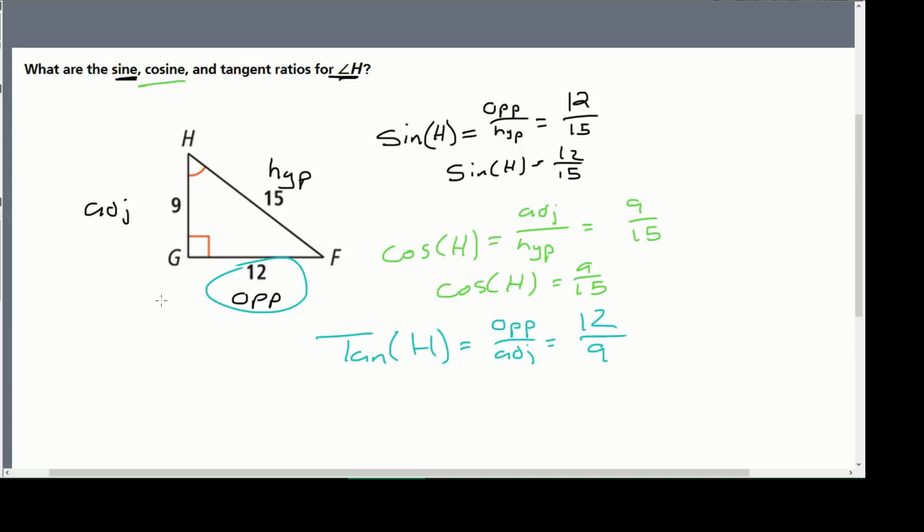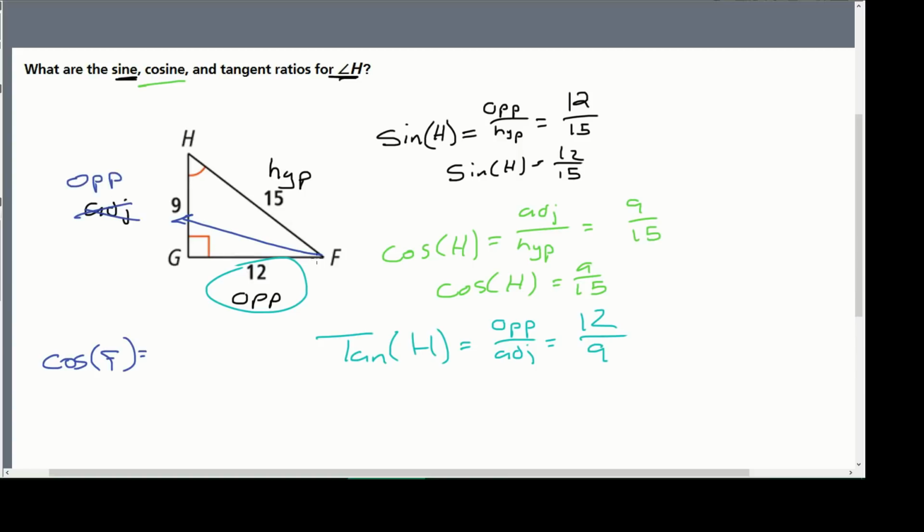Now, I will do one other one, just so you can see that from a different angle, these values will change. This will always be the hypotenuse, but this will no longer be the adjacent side. So let's pick angle F, and we're going to do the cosine of F. Now from F, I go straight across F, and now it's no longer the adjacent, it's the opposite.